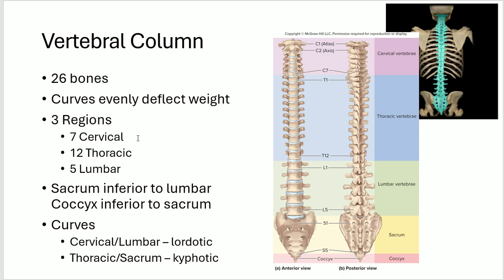And then we have thoracic sacrum, kyphotic curve. So arch backwards. Kyphosis happens in utero. So think of a fetus. It just curves inward on itself, right? So lordosis, arch forward, kyphotic, arch backward.